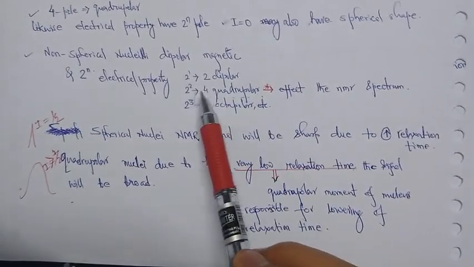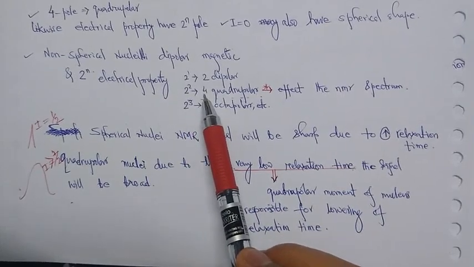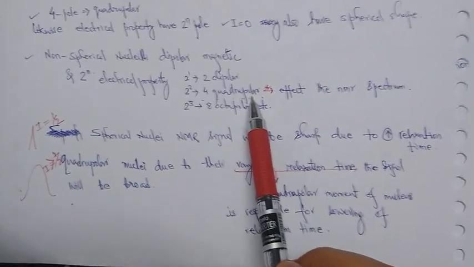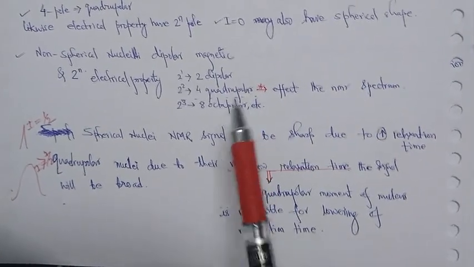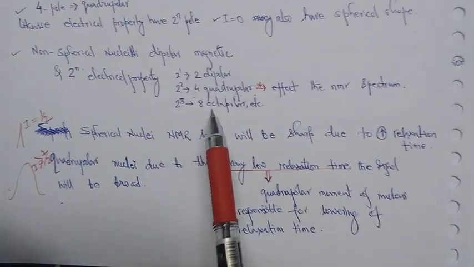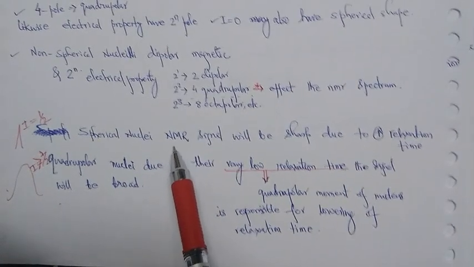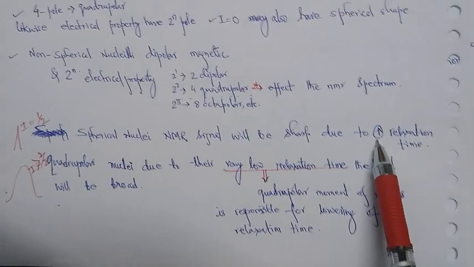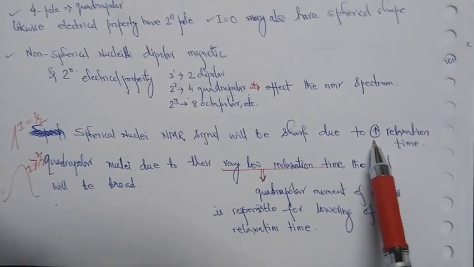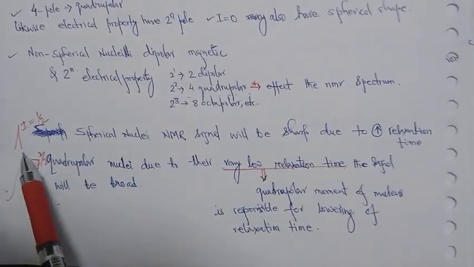Only 2 to the power 2, that is 4, quadrupolar property is important to affect the NMR spectrum. In the case of spherical nuclei, the NMR signal will be sharp due to high relaxation time. It looks like this, a sharp signal.